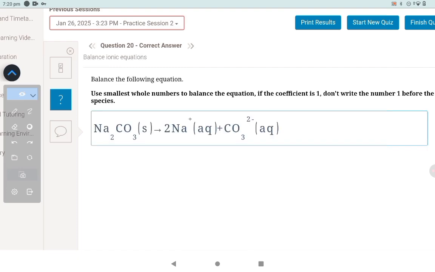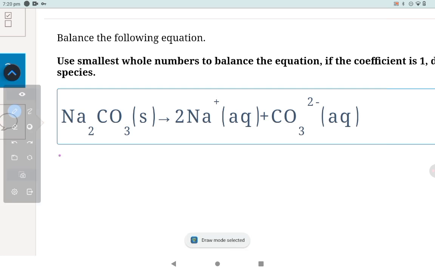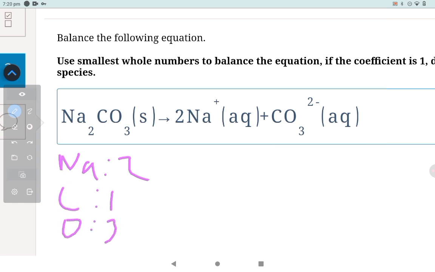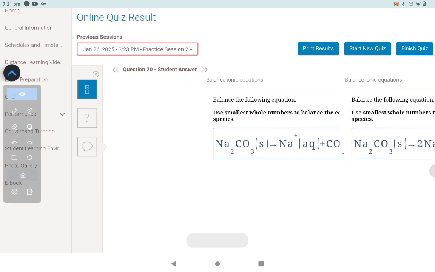Okay, this is just balancing. Na on this side is 2, Cl is 1, oxygen being 3. Let me show you the version that isn't balanced.